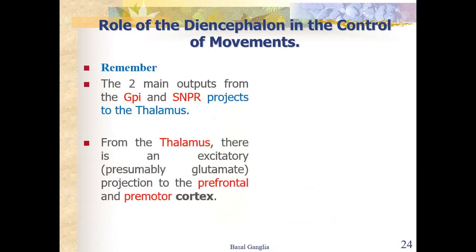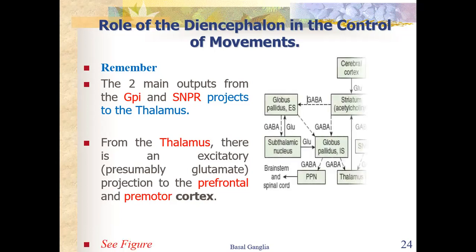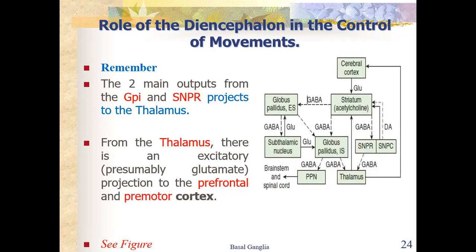Remember, still on the role of the diencephalon, we have seen its role in the pathway from the cerebellum to the motor cortex via the red nucleus. Also don't forget the thalamus when it comes to the basal ganglia. Remember the role of the basal ganglia in movement, okay? So don't forget the role of the thalamus in the basal ganglia.